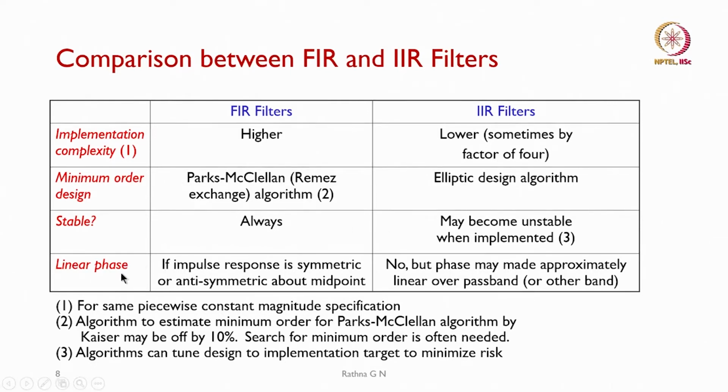Coming to linear phase, what can we achieve? If the impulse response is symmetric or antisymmetric about the midpoint, then we always achieve linear phase using FIR filters. Whereas in IIR filters we will not achieve it, but phase may be made approximately linear over the passband or other band in this case.